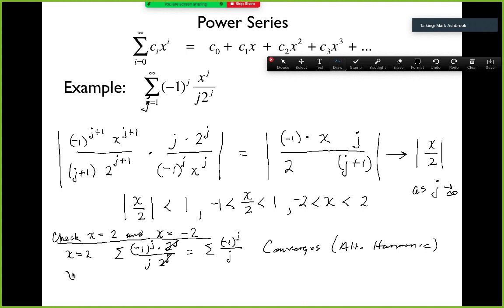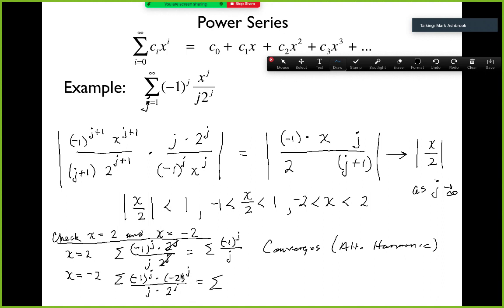x equals negative 2. We're going to get (-1)^j times (-2)^j all over j times 2^j. And so negative 2 to the j times negative 1 to the j, we could just combine those.